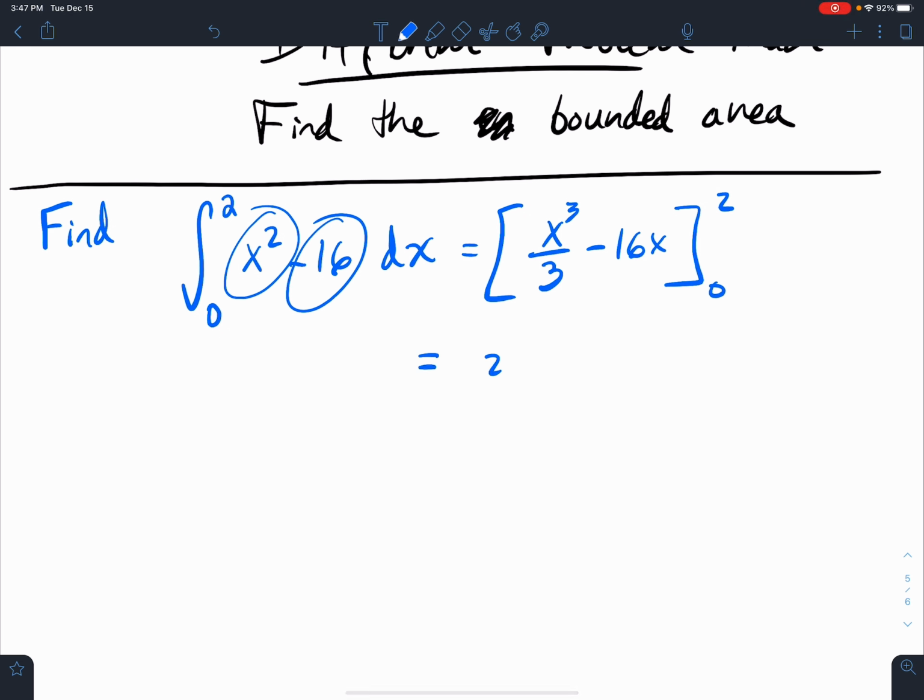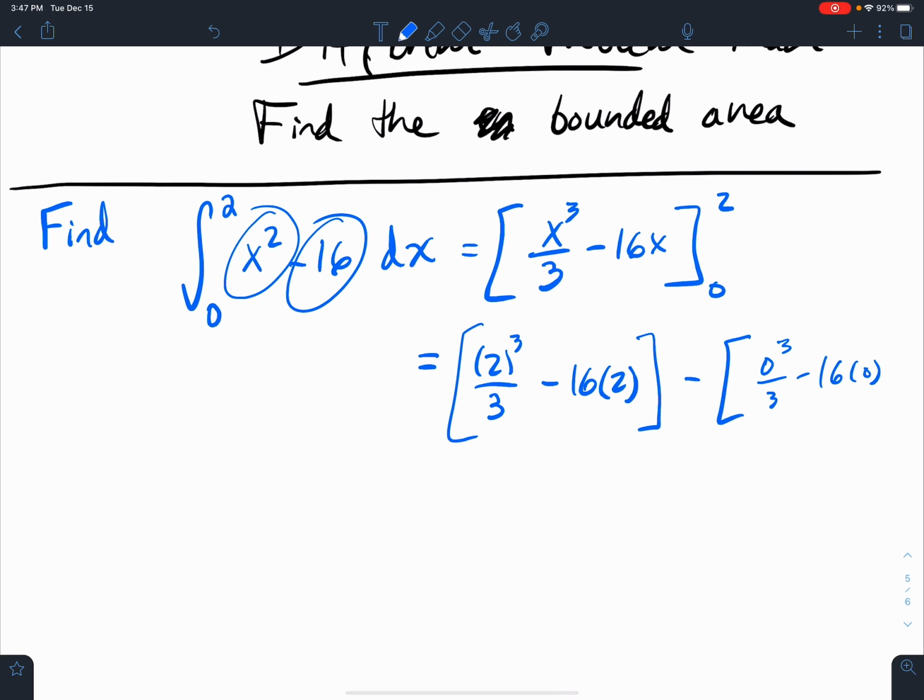F of b minus f of a. And then minus f of a here, which is 0. Now 0 is not going to affect us any here. All of this is just going to go to 0. So that goes away. And then simplify this.